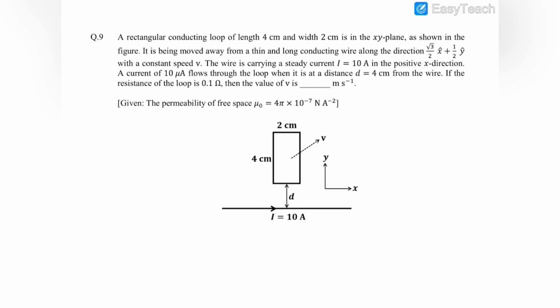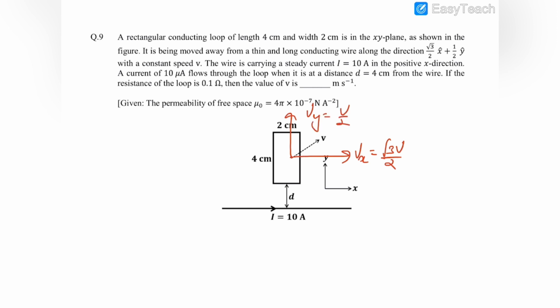See, let us examine this problem and see what the situation is. This is Vx, and Vx is root 3 V by 2, and this is Vy. Vy is V by 2.